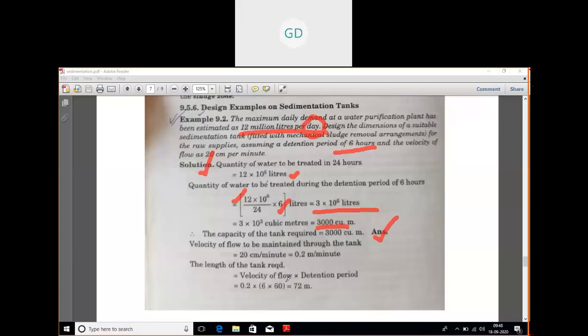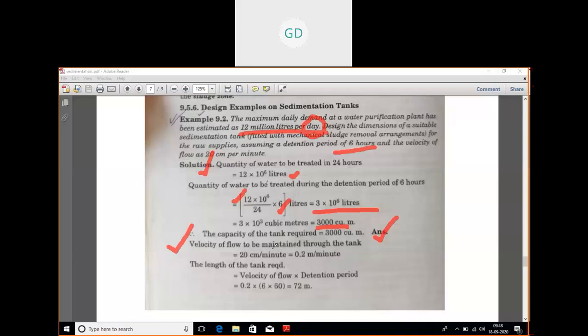Flow velocity is given to be 20 centimeter per minute. Since we are converting the capacity to meter, we need to convert the flow velocity also to meter.